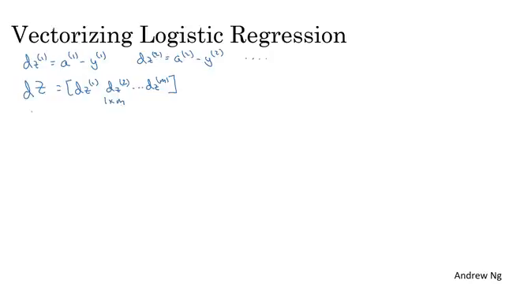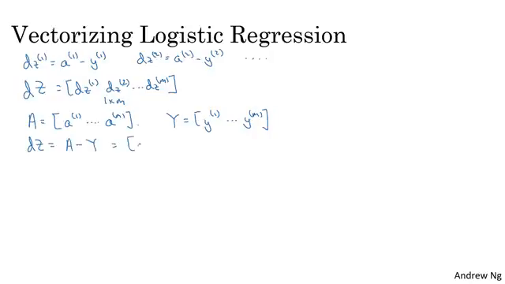Now recall that from the previous slide, we'd already figured out how to compute capital A, which was A1 through AM. And we had defined capital Y as Y1 through YM, also stacked horizontally. So based on these definitions, maybe you can see for yourself that dZ can be computed as just A minus Y, because this is going to be equal to a1 minus y1 as the first element, a2 minus y2 as the second element, and so on.